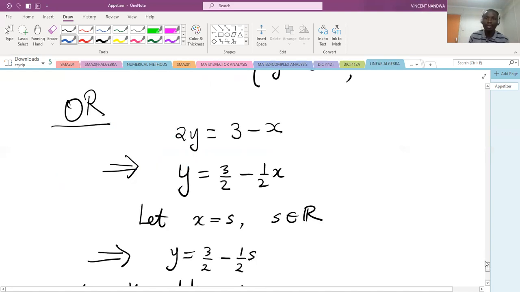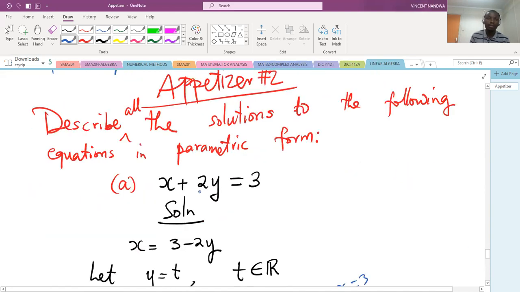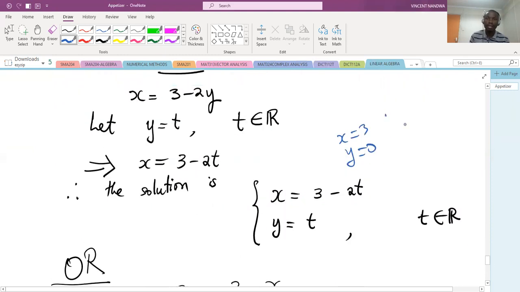Similarly, in the first case, if I take t to be 0, then x will be 3 and y will be 0. And when you replace here, x 3, y 0, the right hand side is satisfied. If I say t equals 1, then x will be 3 minus 2, which is 1, and y will be 1.